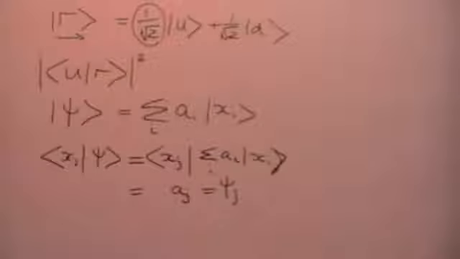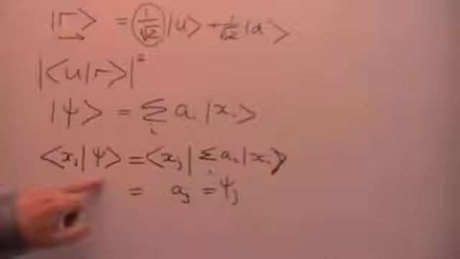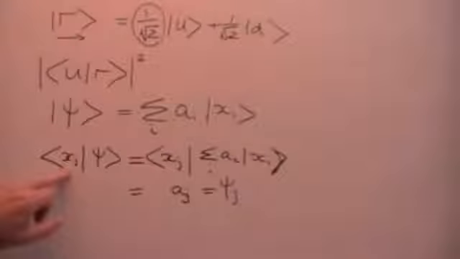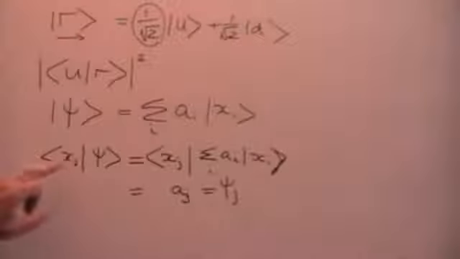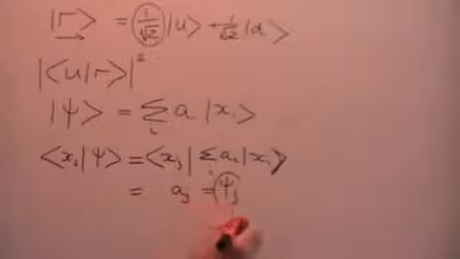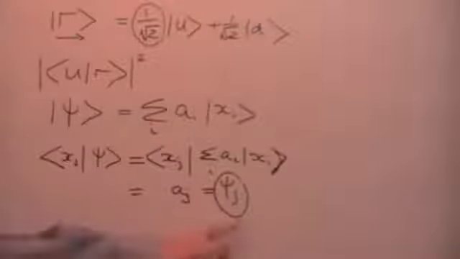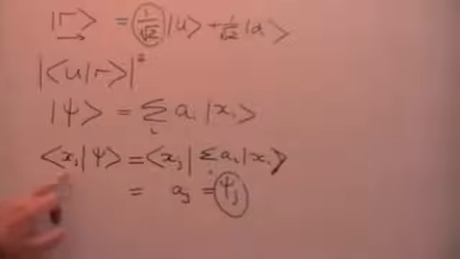So in other words, if you prepare the particle in state psi, the probability amplitude of measuring it in one of the basis states is simply equal to the probability amplitude for that state. Well, we already knew that.